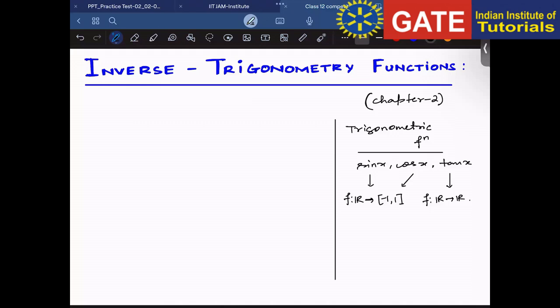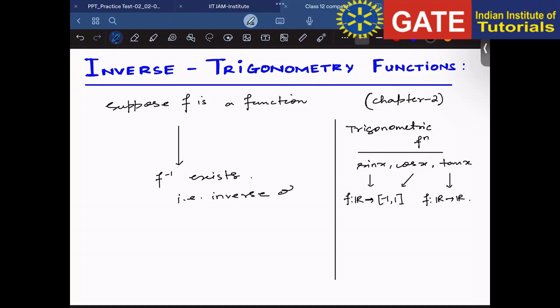Now see, inverse function. In the last topic we discussed inverse functions. What was the main condition for the inverse of a function? Suppose f is a function and I am saying that f inverse exists, that is, the inverse of f exists.